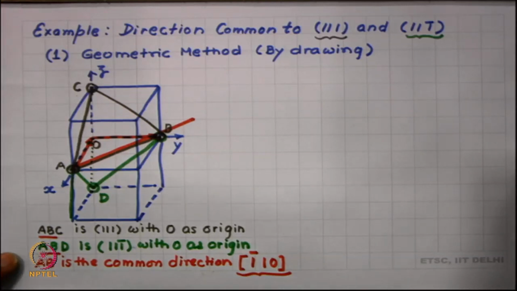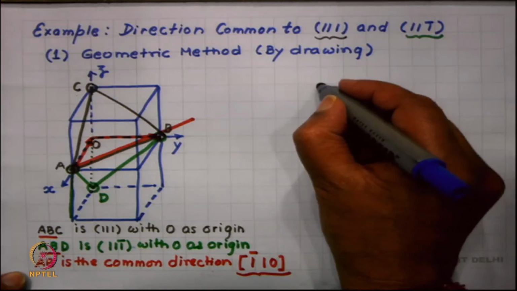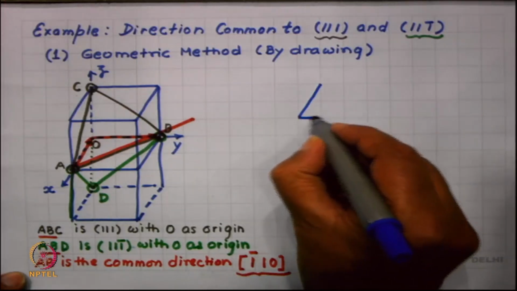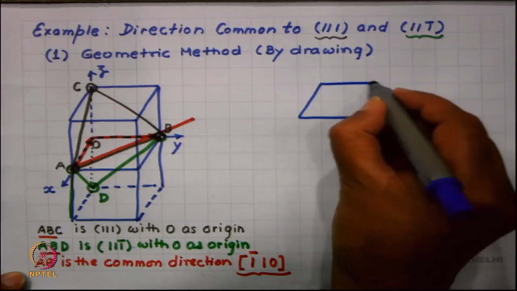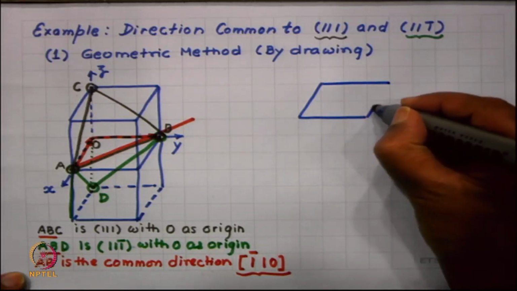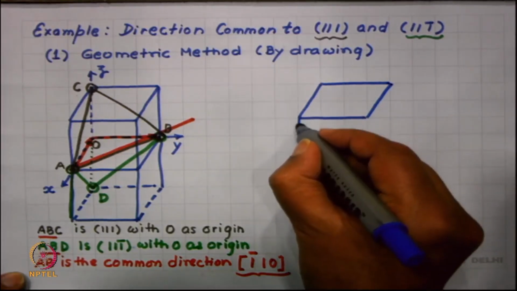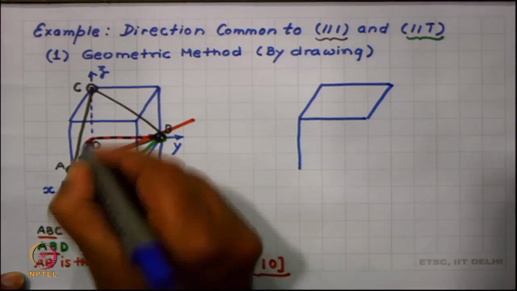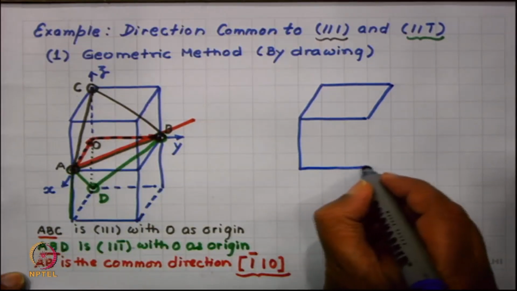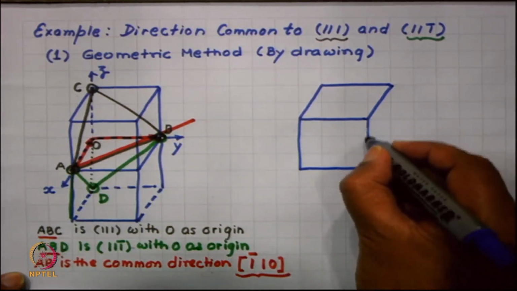Let me try to draw the same thing in a different way. Suppose I am fond of my unit cell and I do not want to change. In the first case, I was fond of my origin and I did not want to change the origin.